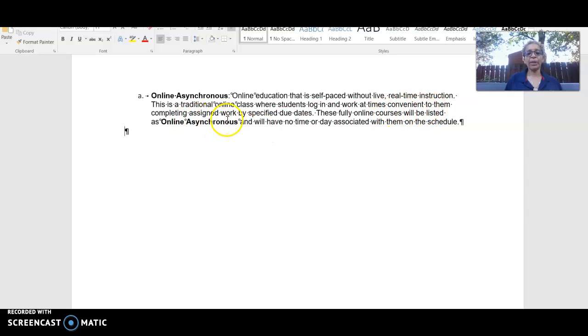It says here, completing the assignments in accord with the due dates. So it's a fully online course, and with that, there are no associated day-time schedules. We're not meeting at any time, although I do have office hours where you can drop in and ask questions.